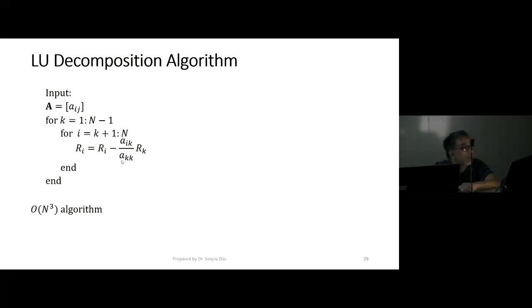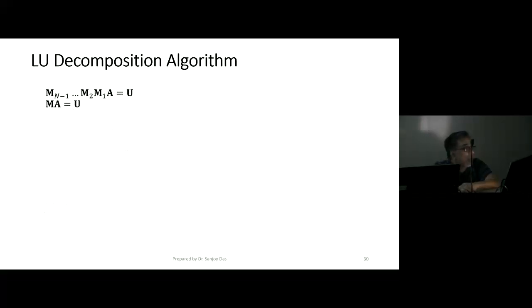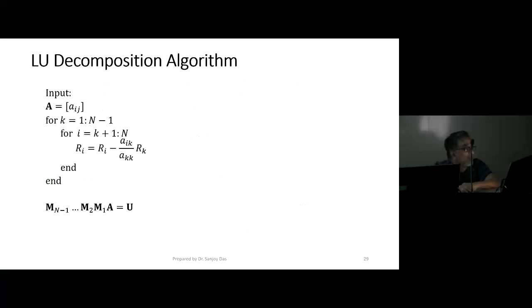Now, my question is, well, we did this and we got an upper triangular matrix. So A got converted to an upper triangular matrix. But we never stored any of these M's. We never actually constructed these matrices. Correct?